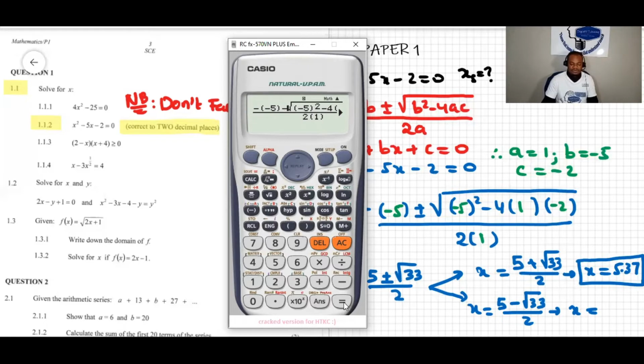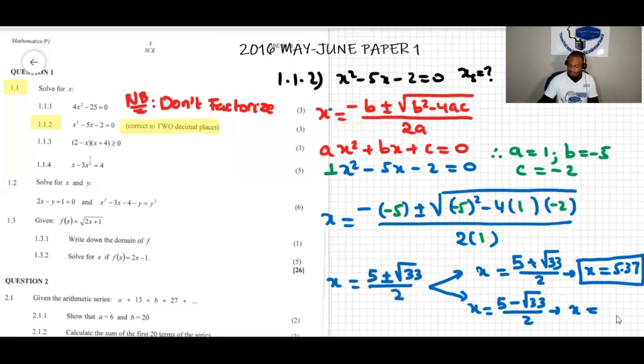And then when I press equal, it's 5 minus root 33, of course, which is this. And then I press SD, I have negative 0.37 and so on. Because the third decimal place is less than 5, I stop at 37 here. So this will be x is equal to negative 0.37. So this is the solution.